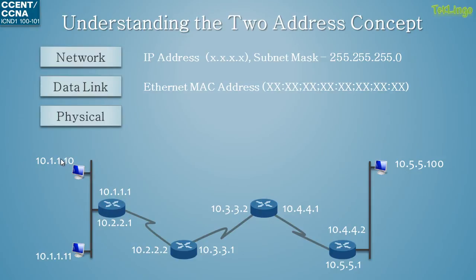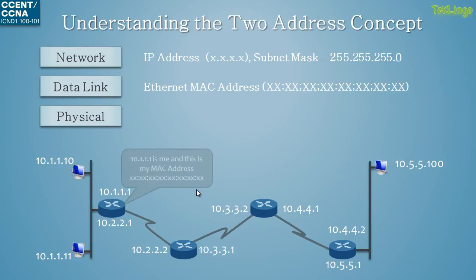So 10.1.1.10 will say, who out there is 10.1.1.1? Now it is not looking for the MAC address of 10.5.5.100, but for the MAC address of the default gateway, which is 10.1.1.1. The default gateway will receive the ARP message and respond with its MAC address.